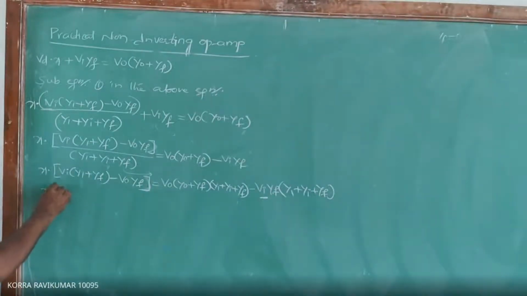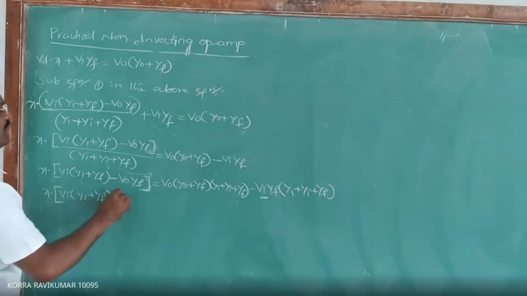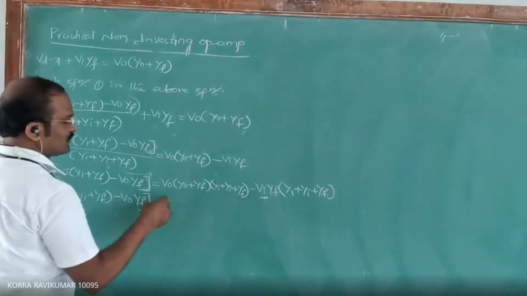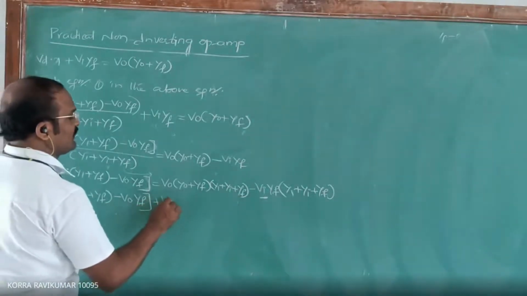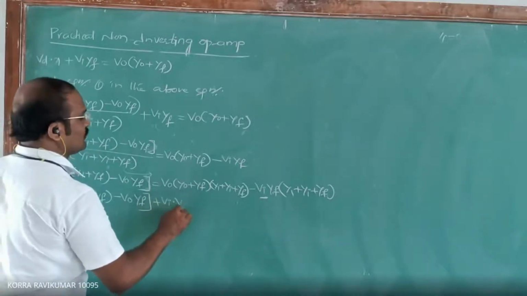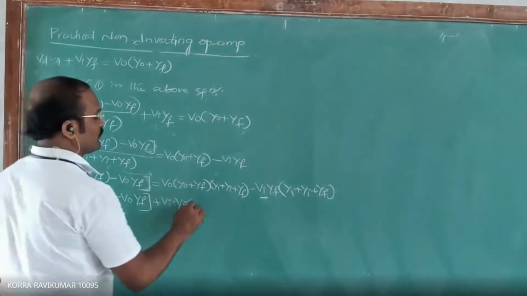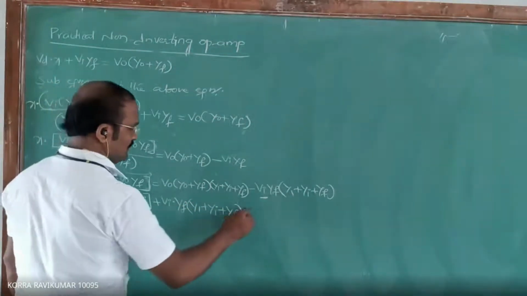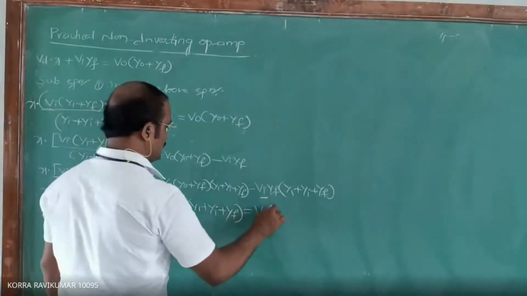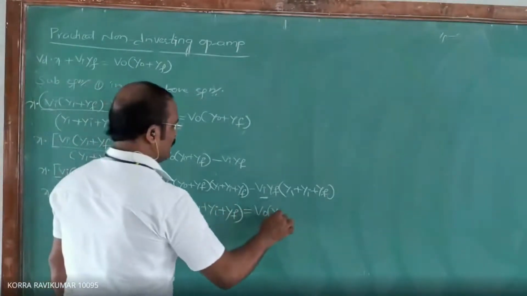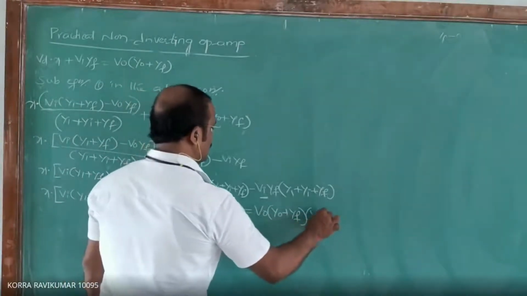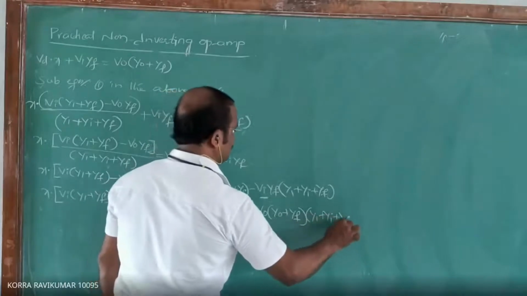So X into Vi of (Y1 plus Yf) minus V0 into Yf, plus Vi into Yf of (Y1 plus Yi plus Yf), equals V0 into the remaining term (Y0 plus Yf) into (Y1 plus Yi plus Yf).